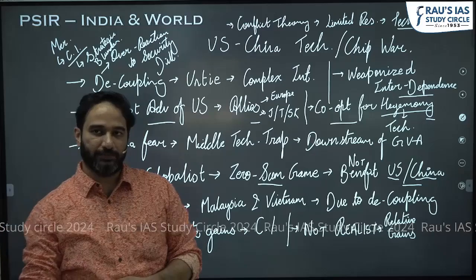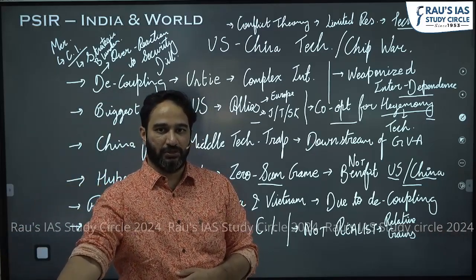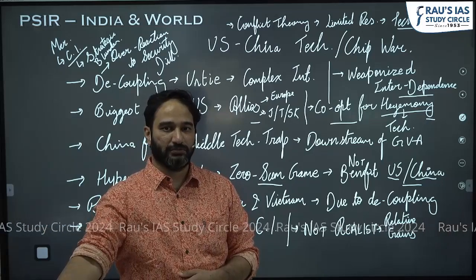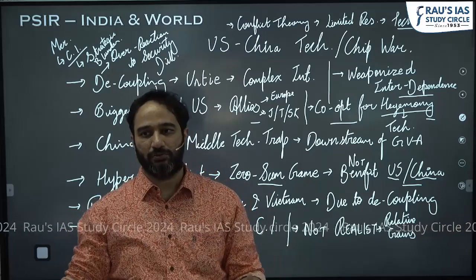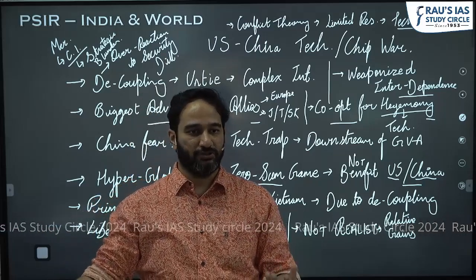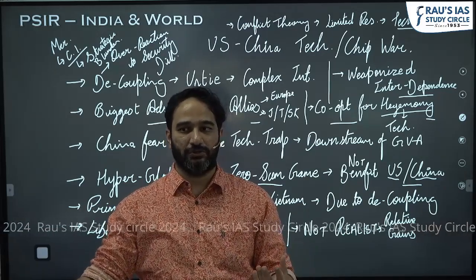Because after the post-internet age, technology is what makes you a hegemon, because different ages have different factors that led to who would become the hegemon. So in the post-internet age, technology in itself is a huge aspect of this.